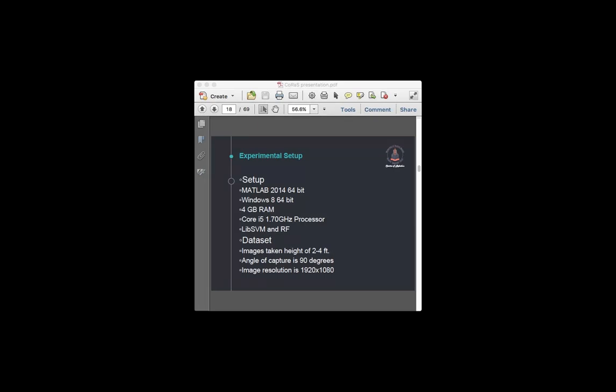The angle of capture is 90 degrees, so the camera is facing downwards, and the image resolution that we got was 1920 by 1080. We had flying robots with a flight time of 20 or 25 minutes, and we thought it was less. But the good thing about flying robots is they don't have any hurdles.